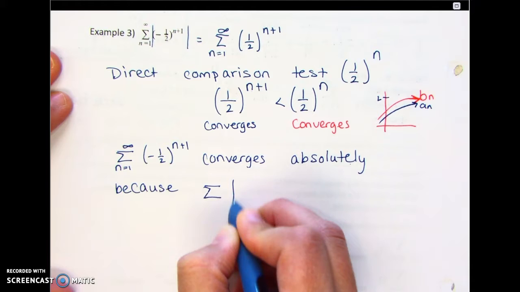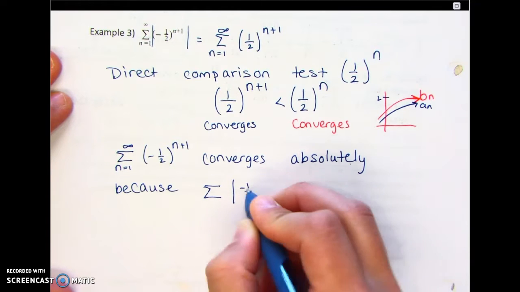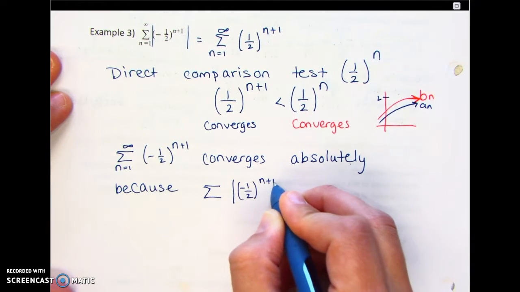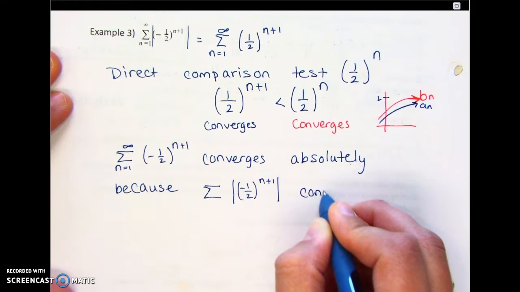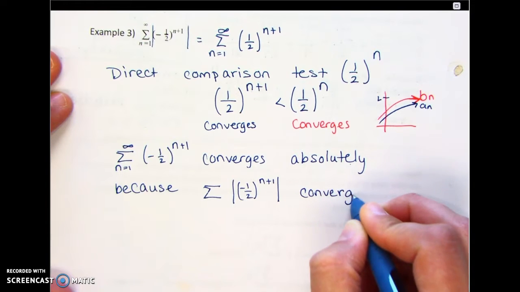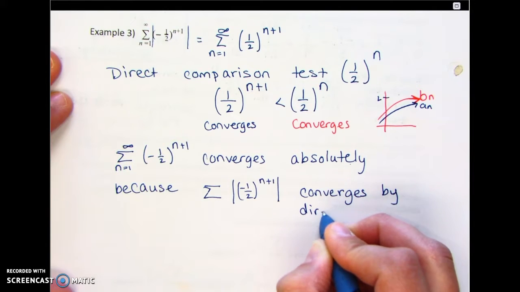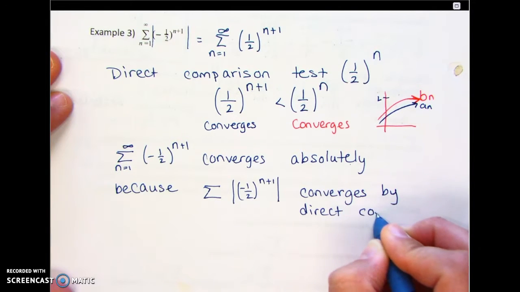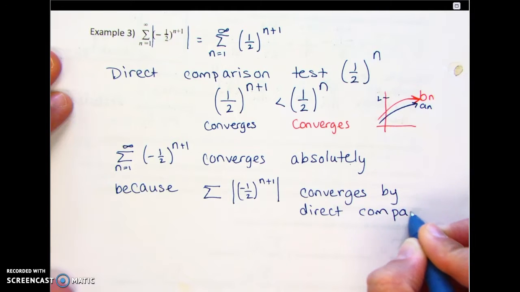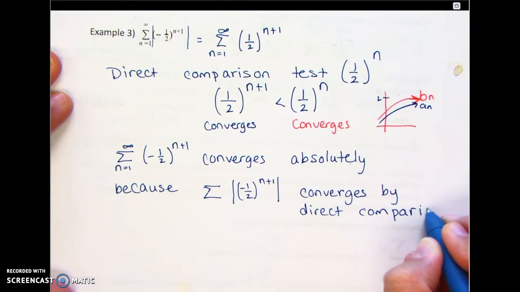The absolute value of this series converges, and which test did we use? The direct comparison test. So that's nice. We did a review of the p-series, the geometric series, and the direct comparison.